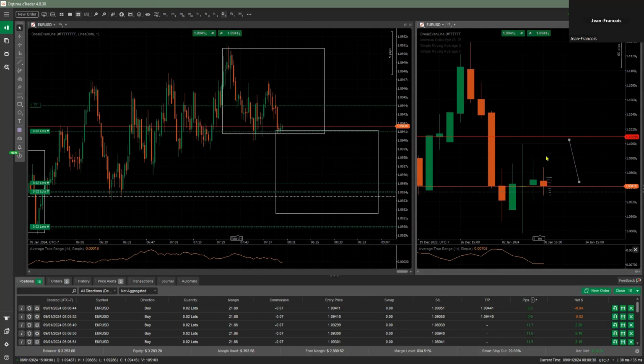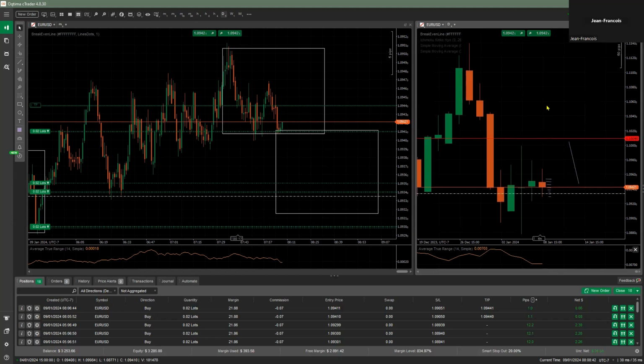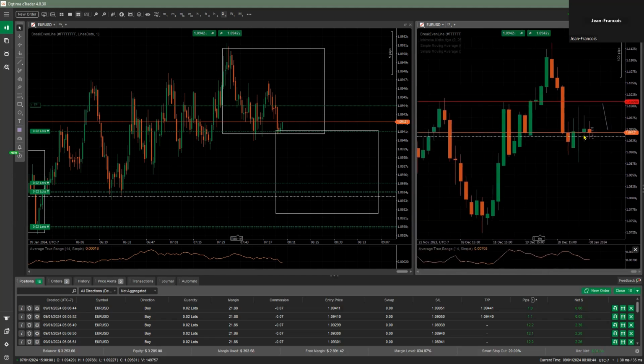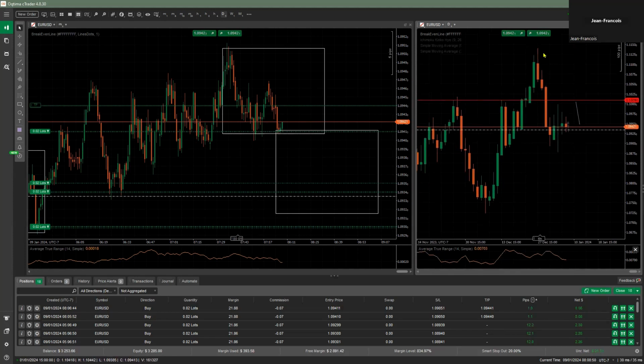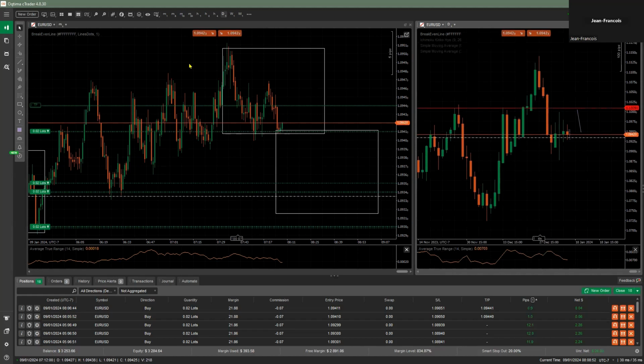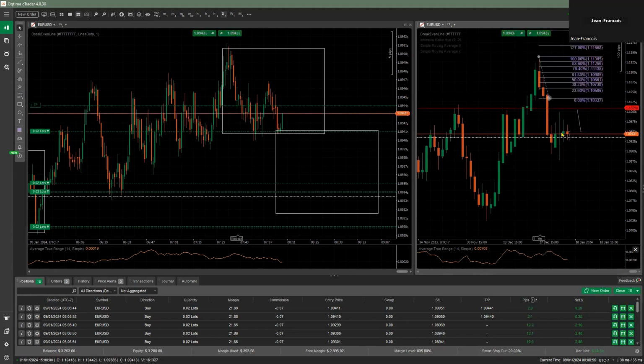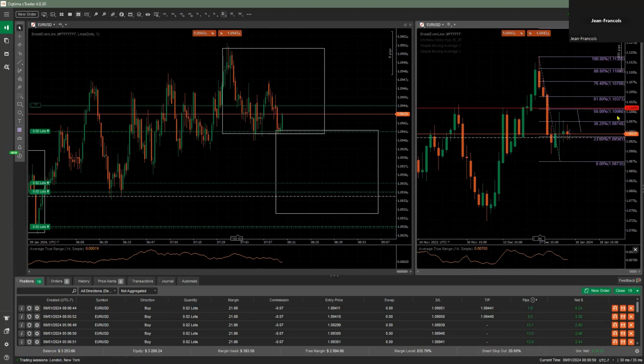And so ideally we want to be sellers, but from a higher high. And what we're looking to sell into is slightly bigger than the mother bar, but it is overall still resistance. And if you do a Fibonacci on this, it should be near 50 or 60. There it is, 50. So that's what we're trying to do.